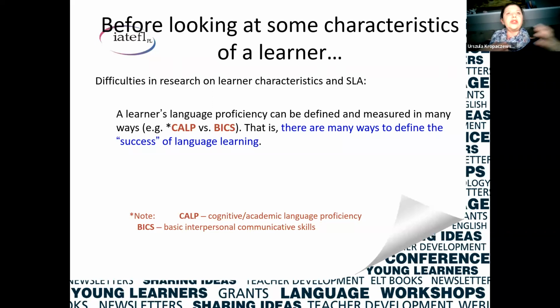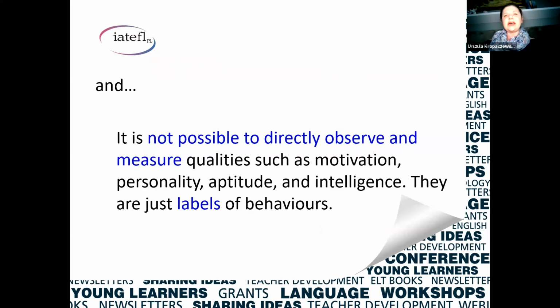Because then we will talk about different characteristic features, and I will come back to cognitive academic language proficiency and basic interpersonal communicative skills later on, while discussing the characteristic features of our learners.